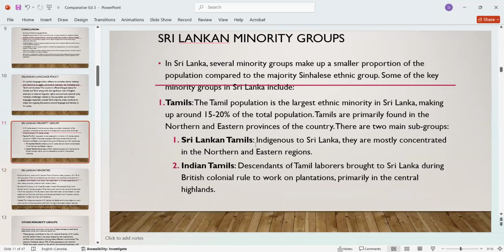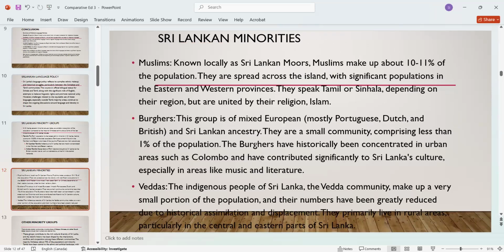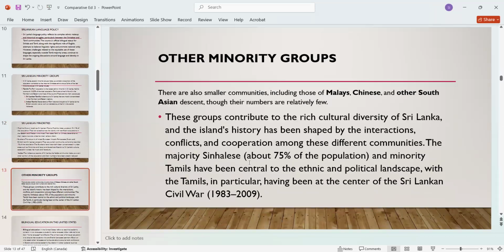Tamils, 15 to 20%, Muslims 10 to 11%, Burghers 1%, right? Veddas, they didn't mention the percentage, a very small population, but they are the indigenous people of Sri Lanka. So at this point, the indigenous people, the Veddas, speak a different type of Sinhalese.